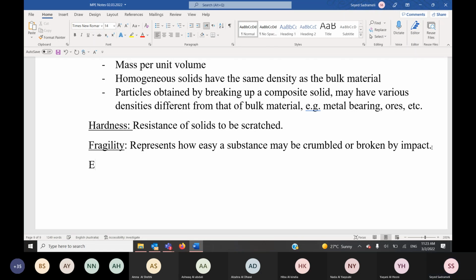Examples are gypsum, not fragile. Coal is soft and also fragile.